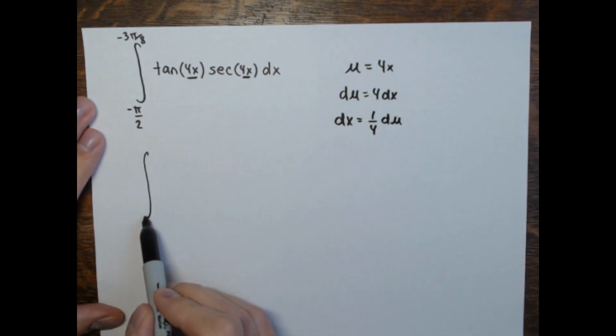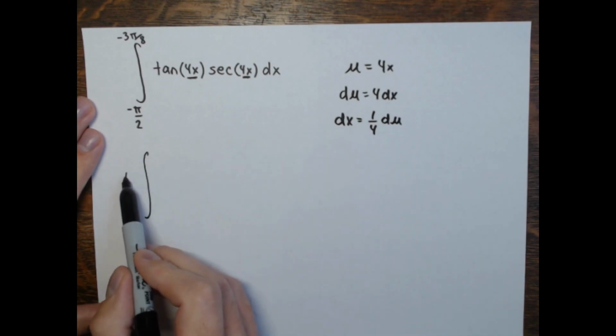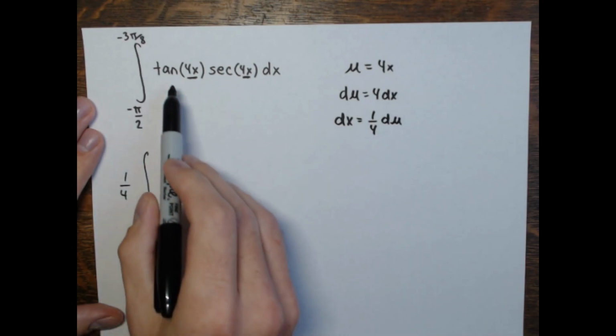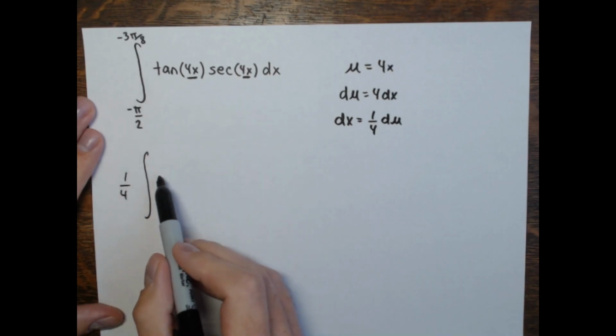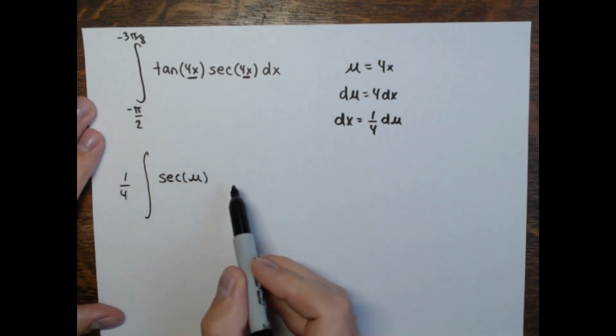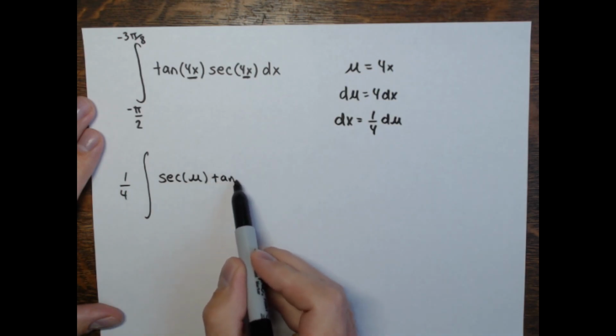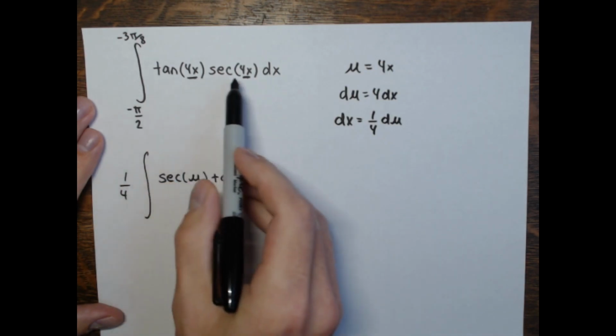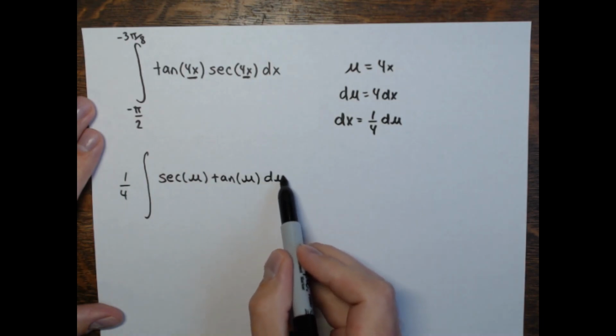So now we have the integral, and I'll pull that quarter out. And then this is secant u, tangent u, I'm going to write it this way so maybe it's more familiar to you from Calc 1, instead of tangent secant, and then du.